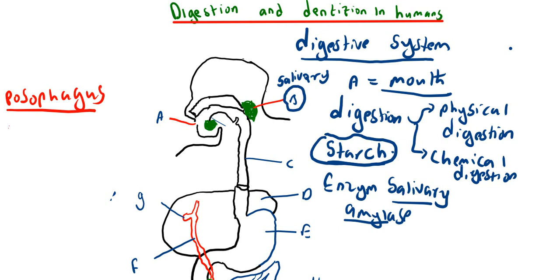That's called peristalsis. Apart from that, you can also find peristalsis in the small intestine. That is one of the regions of the digestive system where peristalsis occurs.